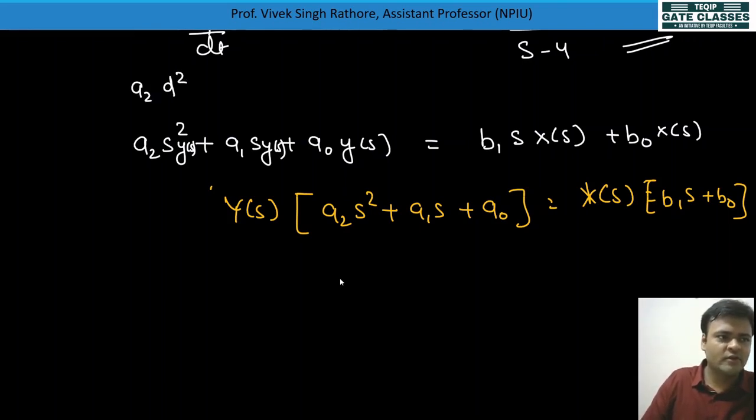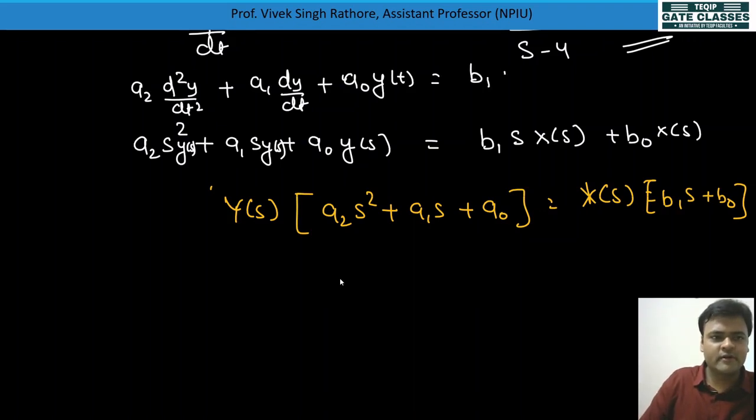See, this equation can also be written in the time domain: a2 s square Y of s becomes a2 d2y by dt2, plus a1 s Y means a1 dy by dt, plus a naught y of t, equals b1 d by dt of x of t, plus b naught x of t.